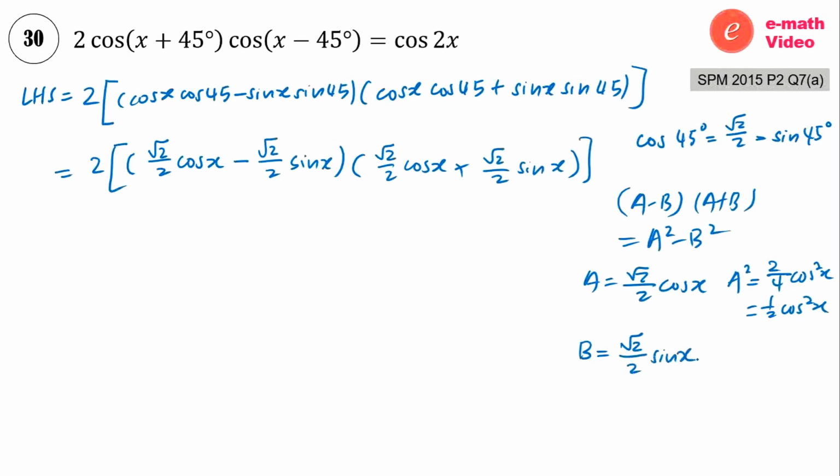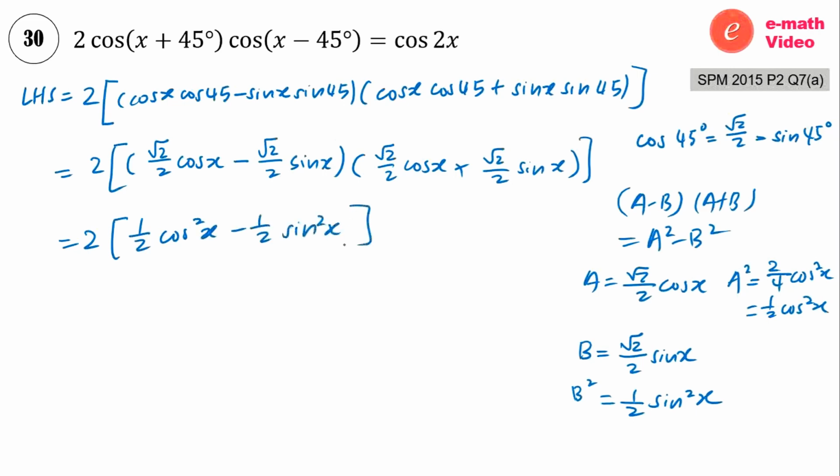When we square it, b squared is 1 over 2 sine square x. So we have 2 times half cos square x minus half sine square x. Alright, we expand the 2 inside, we'll have cos square x minus sine square x. Look at the formula list, equals cos 2x, proven.